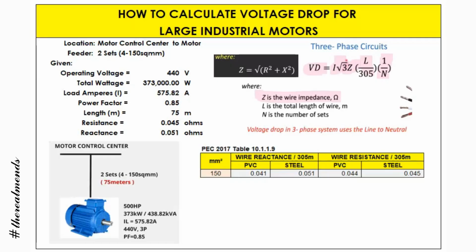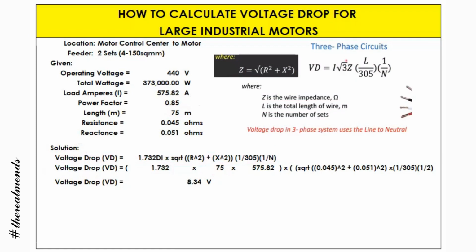And then we have formula, Z is equals to square root of R squared plus X squared. And then L is total length of wire in meters. N is the number of sets. So voltage drop in 3-phase system, use line to neutral. Then next is the solution.